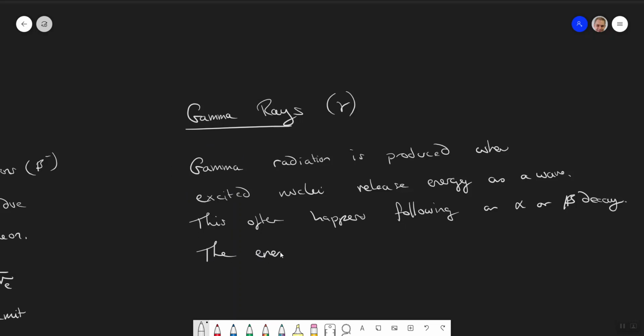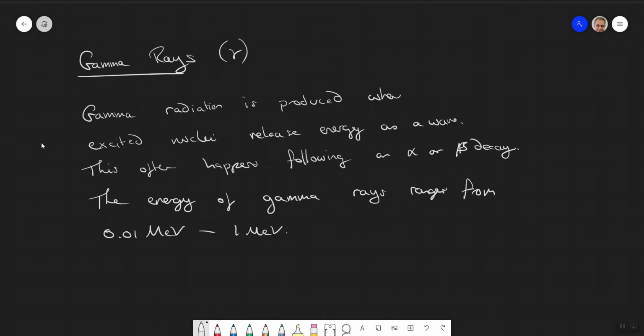So the energy of gamma ranges from about 0.01 mega electron volts to about 1 mega electron volts. So the most energetic can be on par with the energy that you're getting out from beta decay.